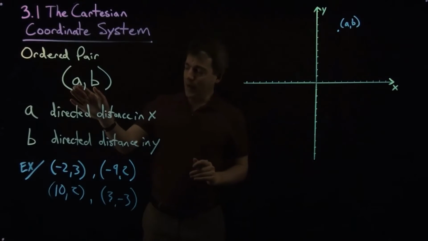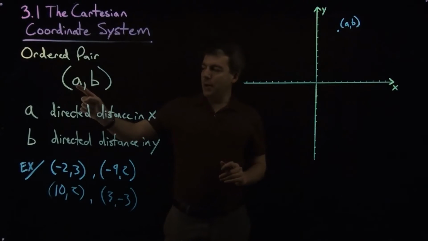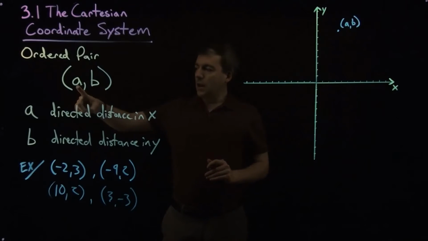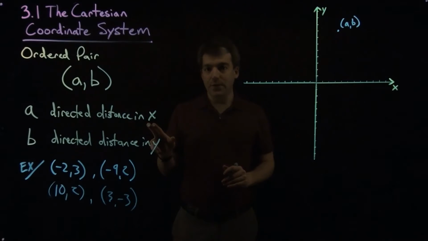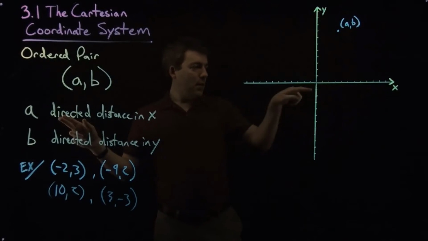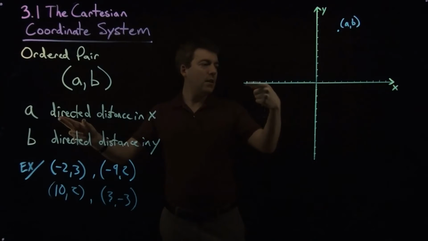So points are given as an ordered pair, A, B, where the order matters. The first coordinate, the A, represents the directed distance in the x direction. Directed meaning positive would be to the right, negative to the left.